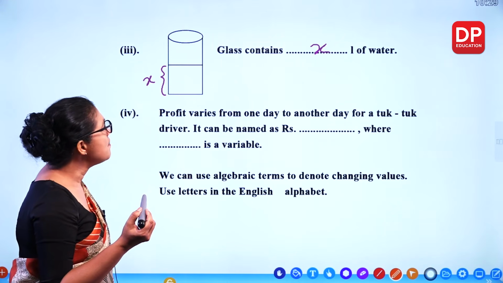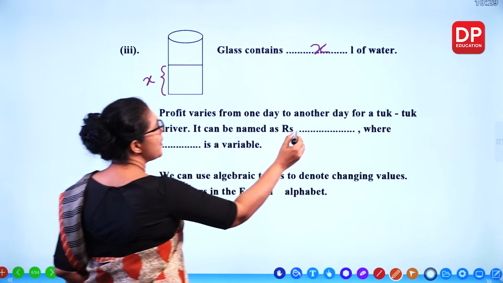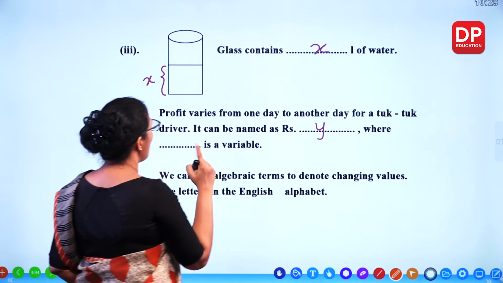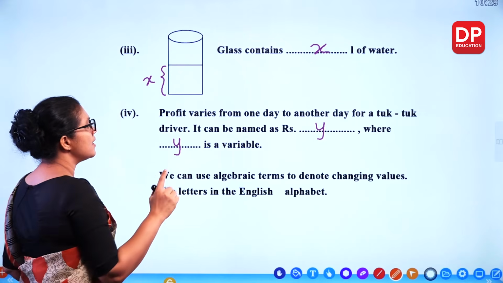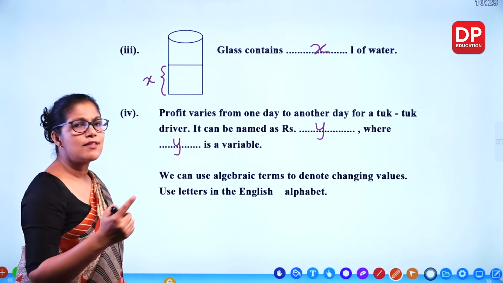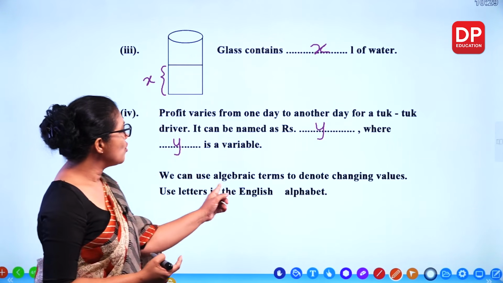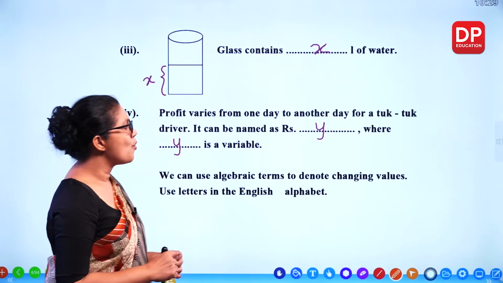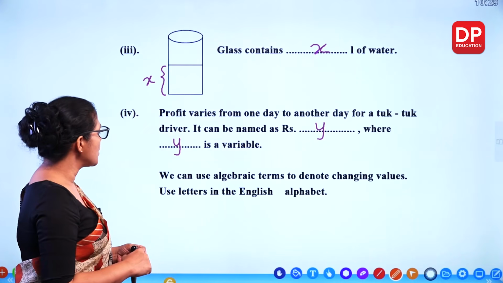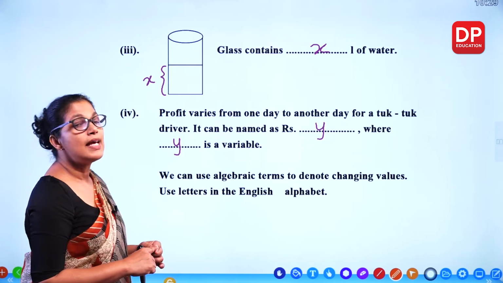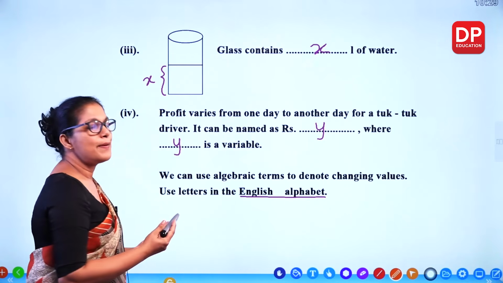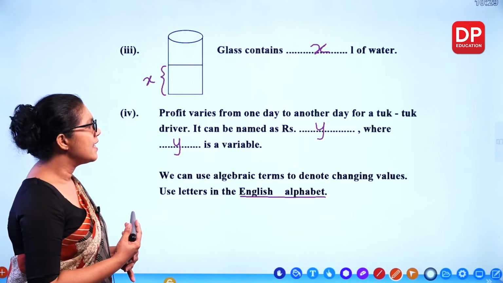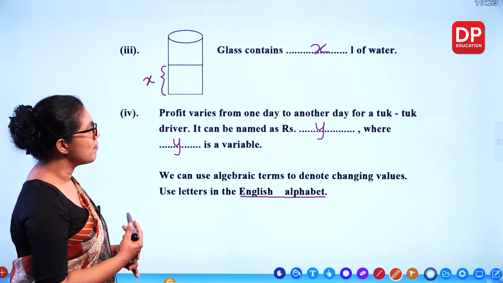It can be named as y rupees, where y is a variable. So it changes all the time. So we can use algebraic terms to denote changing values. Use letters of the English alphabet. You can use any letter, a, b, c, any letter in the English alphabet.